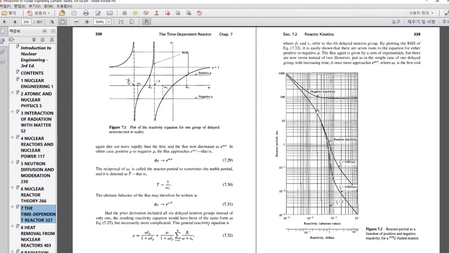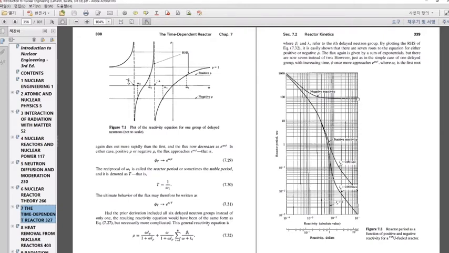And when we deal with negative reactivity, as the magnitude of negative reactivity increases, that means as the reactivity decreases, the reactor period gradually decreases. But instead of continuously decreasing to smaller and smaller values, there is some asymptotic reactor period, and this value approaches 80 seconds.